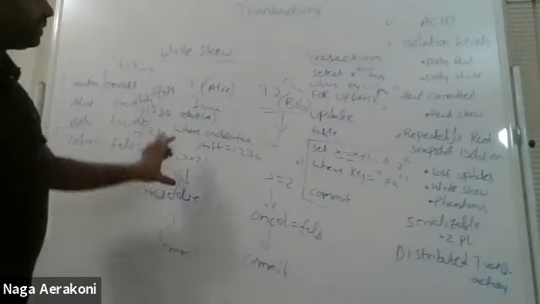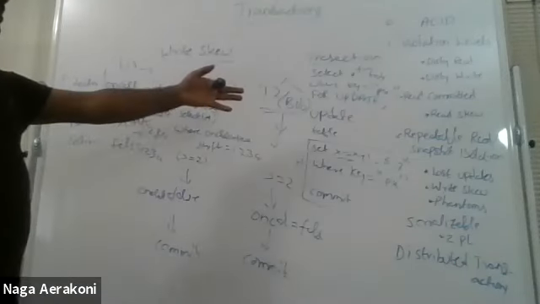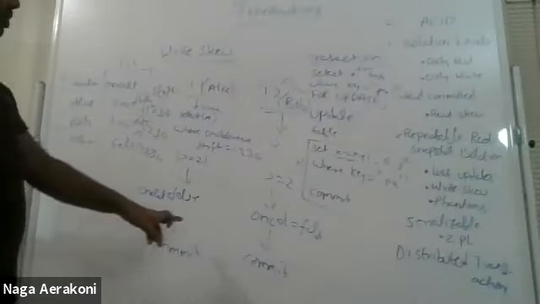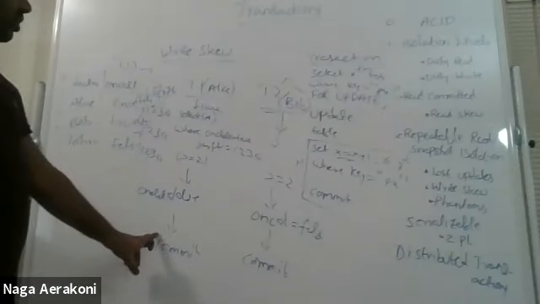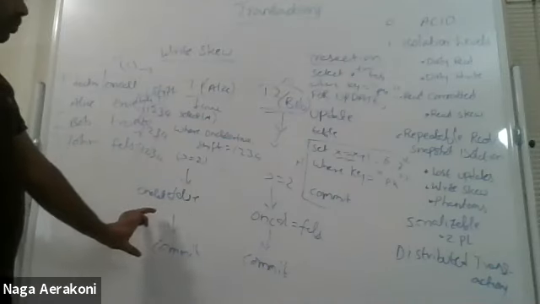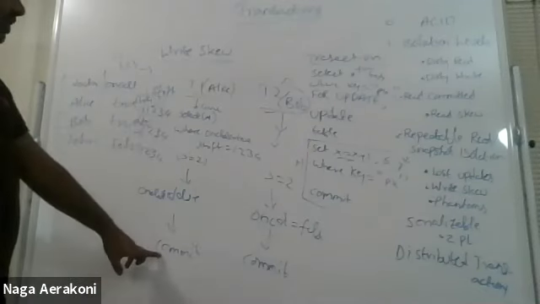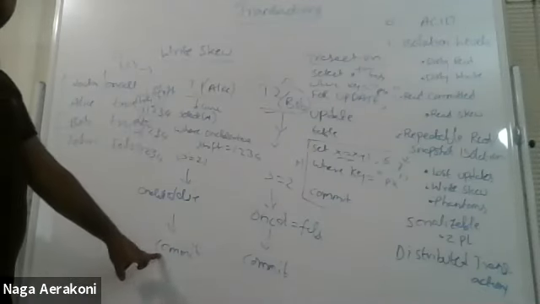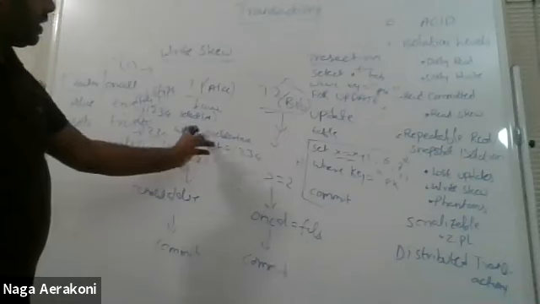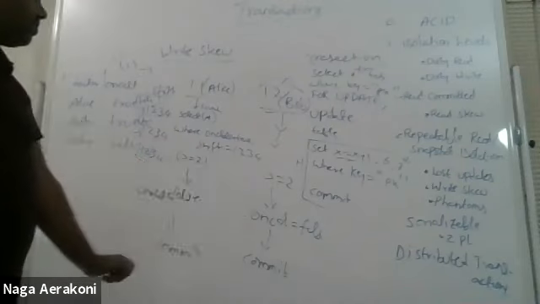I'm just saying that this scenario will happen if you are using one of these two isolation levels, and if you don't carefully monitor this from the application standpoint or from your logic. Whatever condition was true at this point will no longer be true when it is trying to commit, because the other guy has an uncommitted write which is updating this condition, and similarly for this person also.